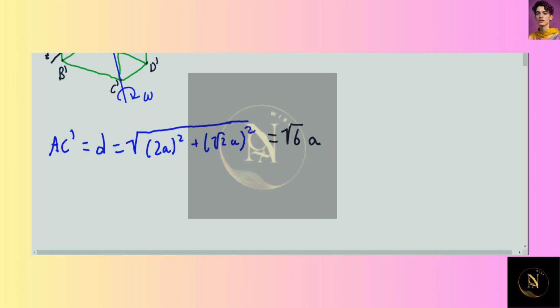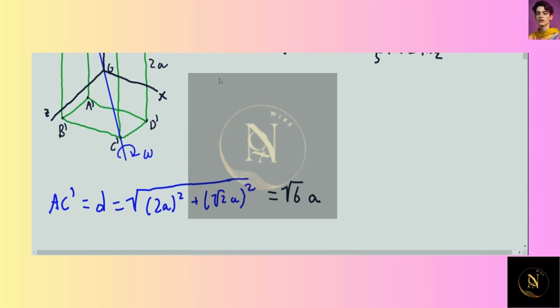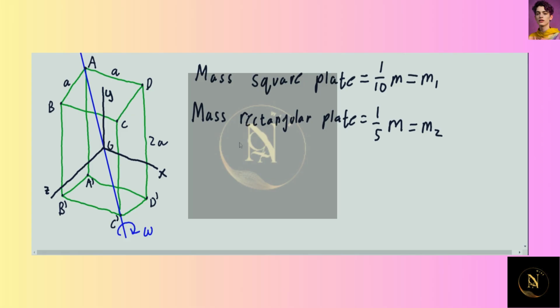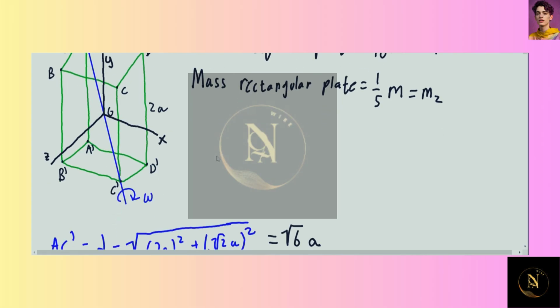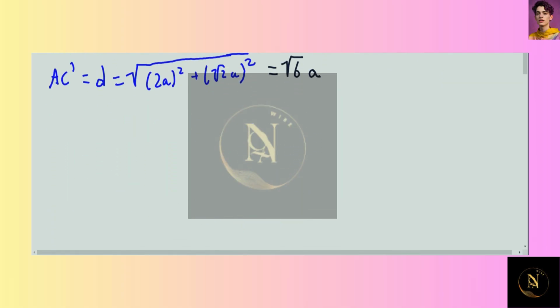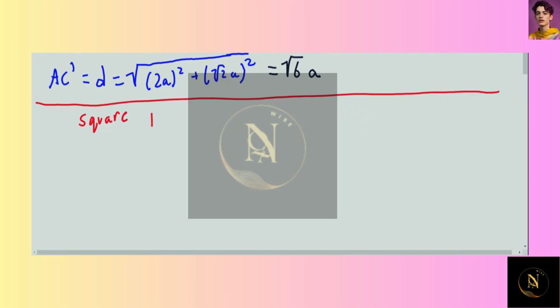So next we're going to find the moments of inertia of the square plates, so the top and bottom plate. For the x component, that's going to be equal to 1 over 12 times m1 times a squared plus m1 times a squared.